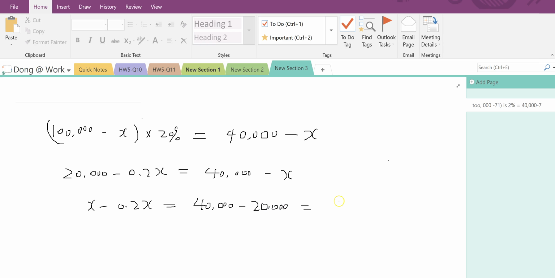And that gives me 20,000. And then this left-hand side will be 1 times X minus 0.2, so it's 1 minus 0.2 X. And that gives me equals 20,000. So this is 0.8 X equals 20,000.